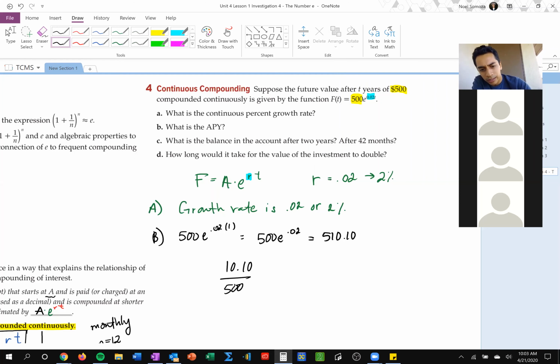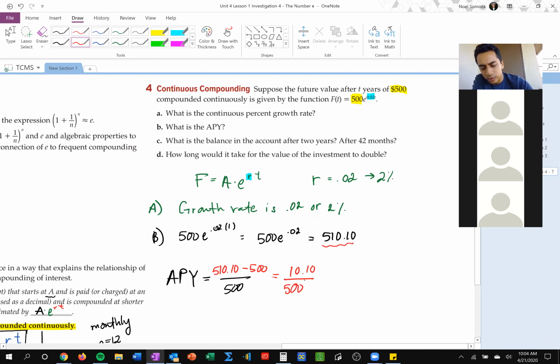So then the APY, let me rewrite this so that we can see the process. Up here at the top, you have the ending amount, 510.10. You subtracted 500 from that, and that's how you got 10.10. That's how much you gained in that 1 year. Now, the gain only matters in comparison to where you started.